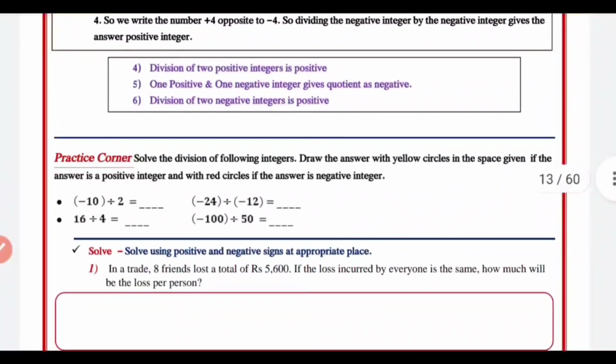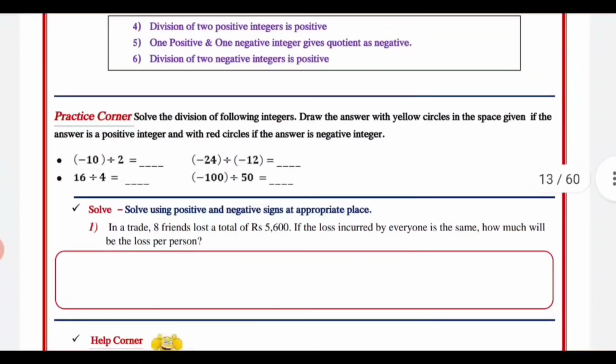We will be doing simple division here in practice corner. You can see in practice corner we have been given: solve the division of the following integers, draw the answers with yellow circles for positive integers, and red circles for the negative integers. When we get the answer as a positive integer, we will draw yellow circle, and when the answer is negative integer we will draw red circle.